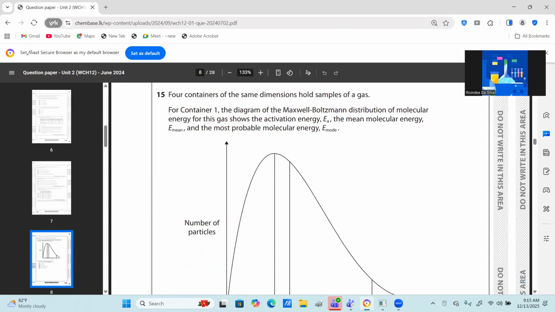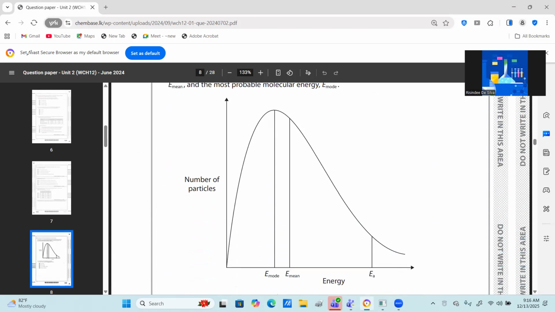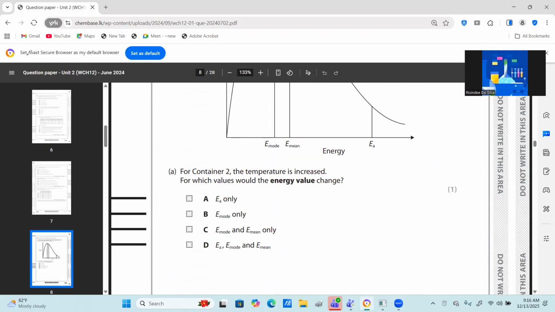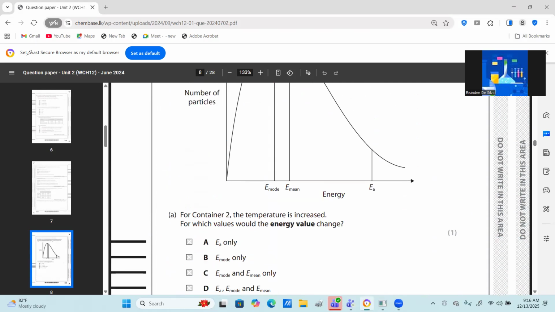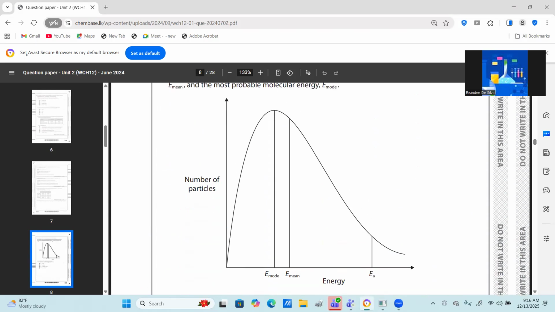Then the next one, 4 containers of the same dimensions hold samples of a gas. For container 2, the temperature is increased. For which values would the energy value change? When you increase the temperature, we know the curve will be like this.